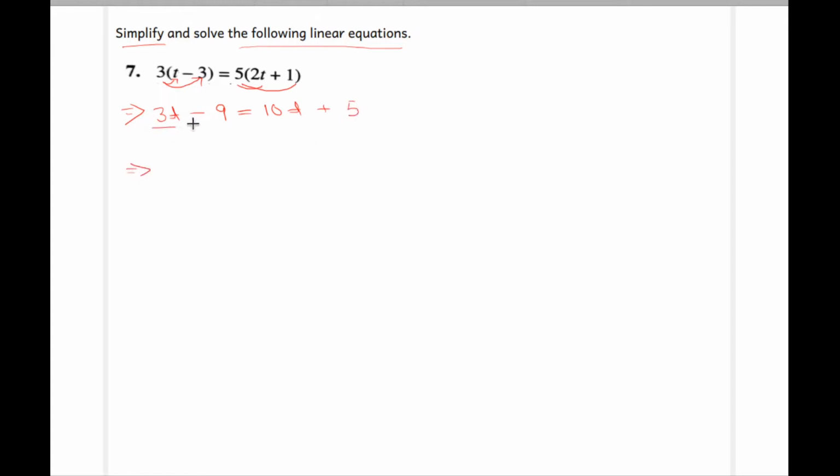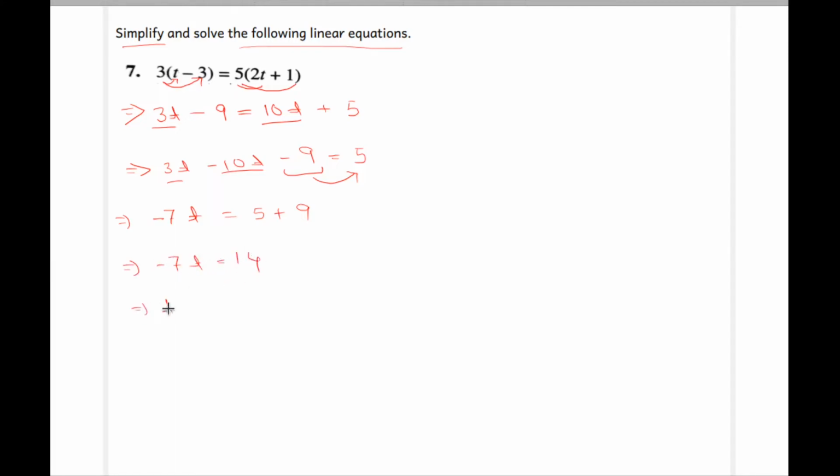Now next step is to bring the variables together just like previous sums. Okay. So 3t minus 10t. So 7t. And minus sign is there with the bigger number, so minus. Plus 9 we will take it to the other side, so it will become 5 plus 9. So minus 7t equals to 14.